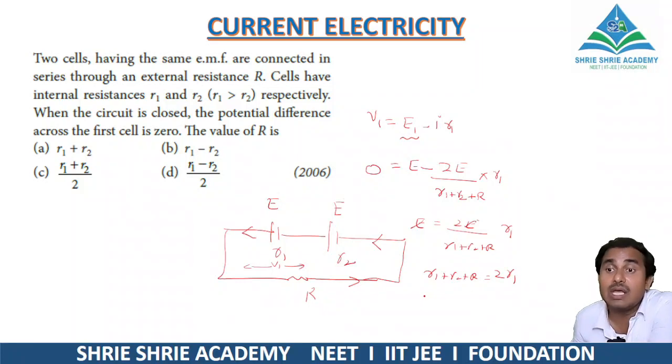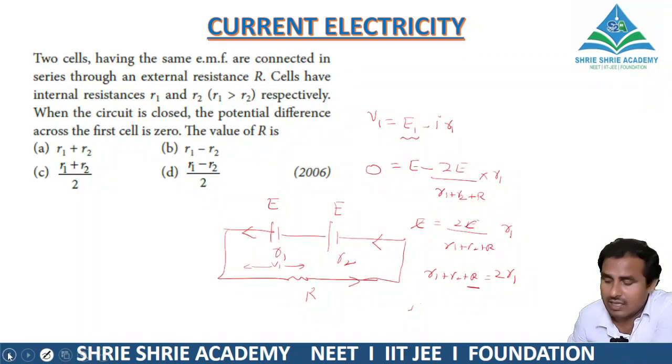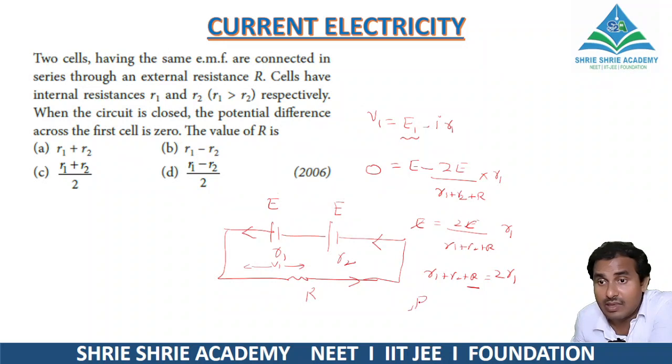Then he is asking for the value of capital R. So capital R is equal to 2R1 - R1 - R2. So you get capital R = R1 - R2.